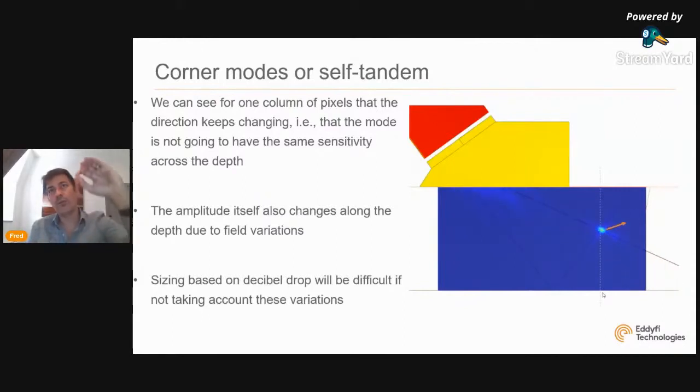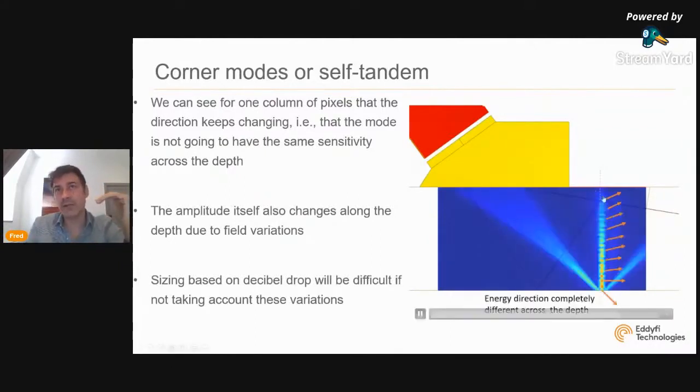So the higher the focal point, the higher the direction of the energy as well. So the less sensitive we are to vertical defect. Also, we see that we have less field energy on the top compared to the bottom. So if we were looking at a vertical defect, we will tend to be more sensitive right here, where the direction of the energy is horizontal, as opposed to here.